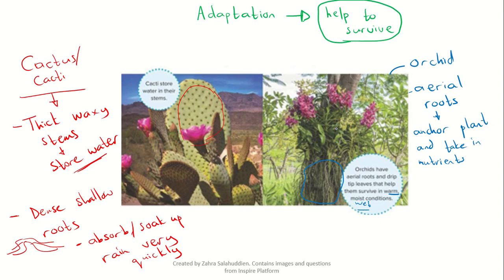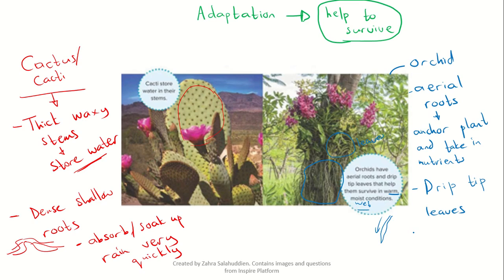They also have special shaped leaves. Their leaves have a different shape. They are called drip tip leaves. And their leaves are this sort of shape to let the water fall off very quickly.